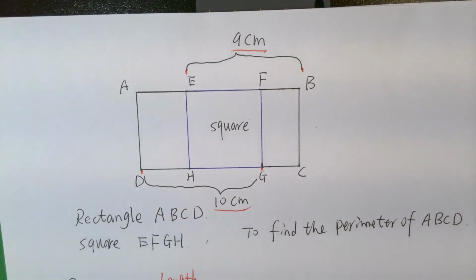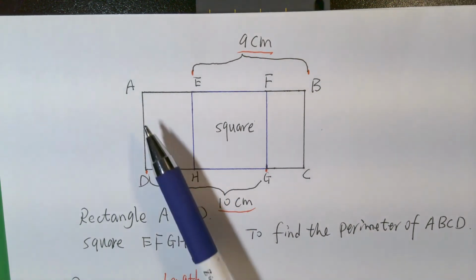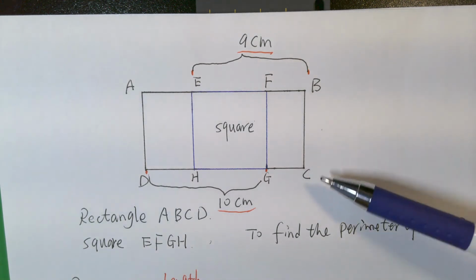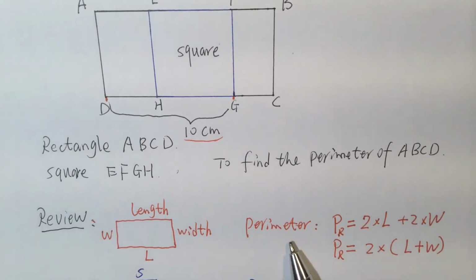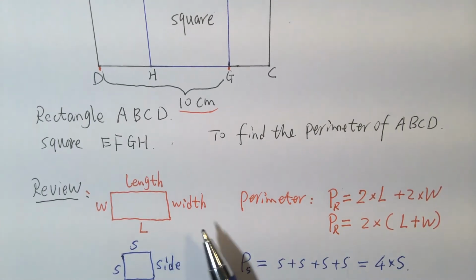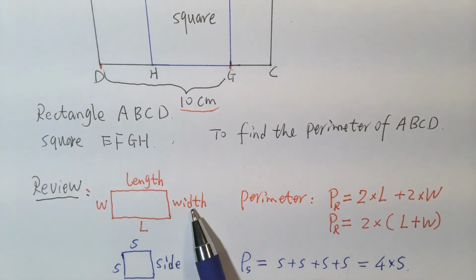We want to find the perimeter of the big rectangle A, B, C, D. But according to the normal formula for the perimeter of a rectangle, we need to find the length and the width.